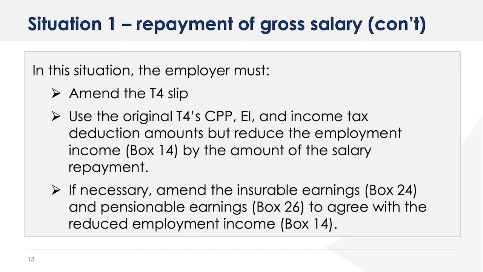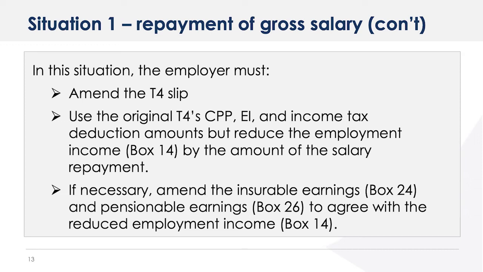When a gross salary repayment is the action taken to correct an accidental salary overpayment, the employer must do the following: prepare an amended T4 slip for the employee. Use the CPP, EI, and income tax deduction amounts from the employee's original T4 slip, but reduce the employment income in box 14 by the amount of their salary repayment.